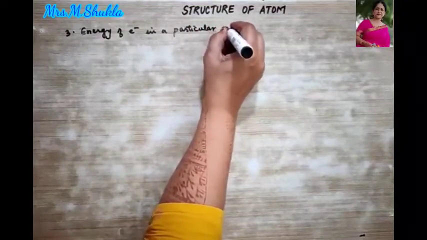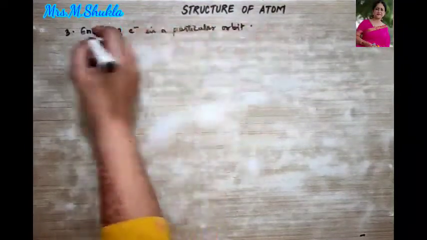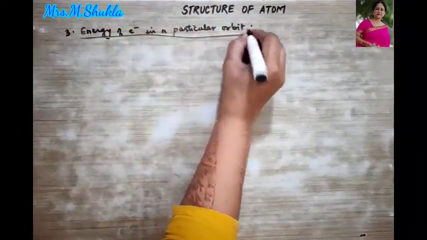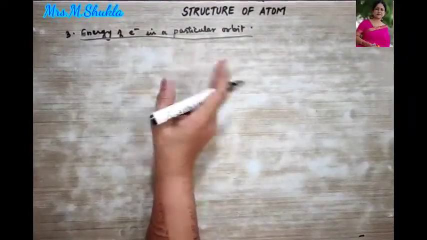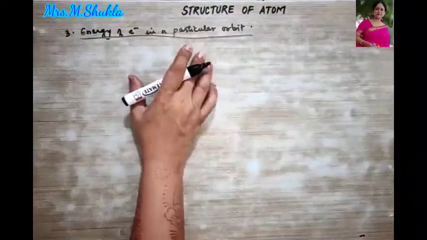Particular orbit. So once again, I'm going to give you the formula, I'm going to give you the value, and then I'm also going to explain how we got that formula.